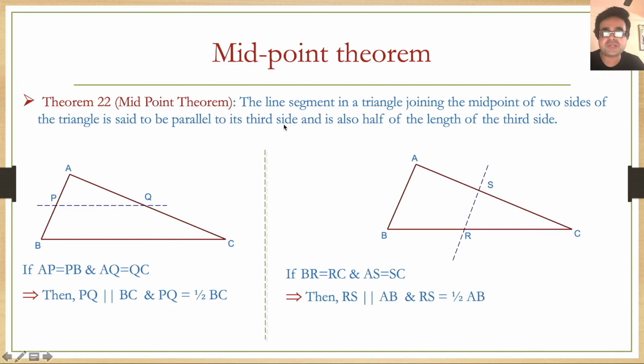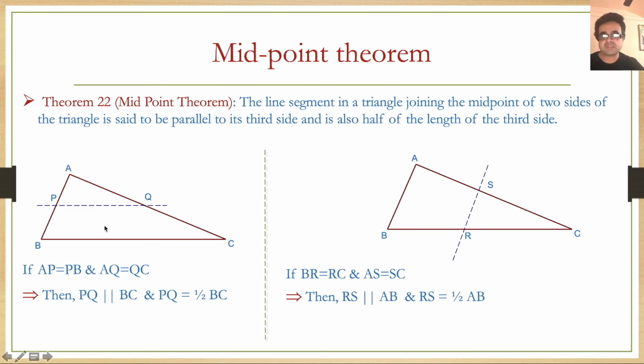The midpoint theorem says that if there is a line segment in a triangle that joins the midpoints of two sides of the triangle, then it has to be parallel to the third side, which is kind of the basic proportionality theorem, and it is also half of the third side, which is the similar triangles part.